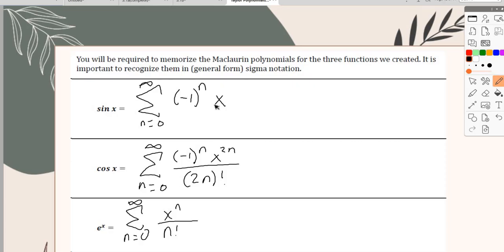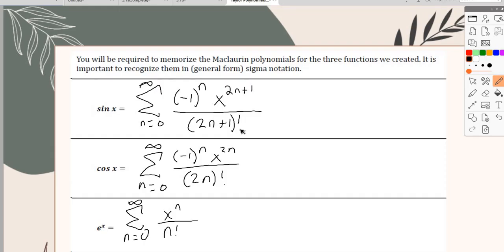Agreed? And I need to make sure that we get all of the odds. So what would we do there? 2n plus 1. Which then also, remember, matches our factorials. So that's also 2n plus 1 factorial in the denominator.